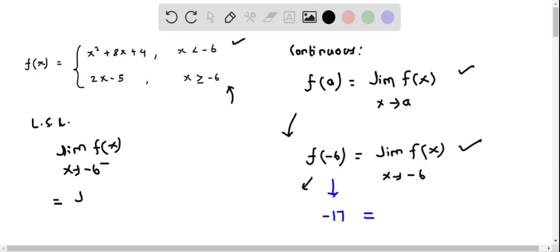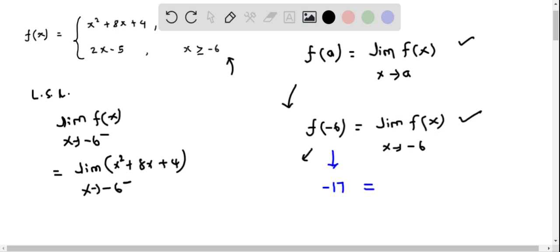So this equals the limit of, we have to use the first part, so this becomes x squared plus 8x plus 4 as x approaches negative 6 minus. This function is continuous at every point on the interval. However, let's find it out. We can do the direct substitution.